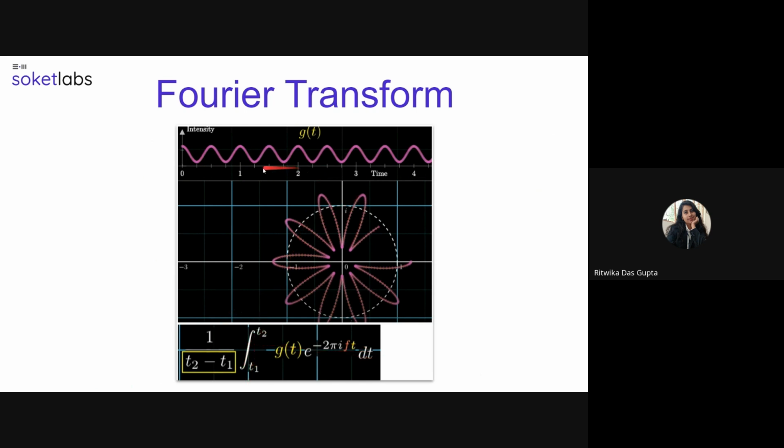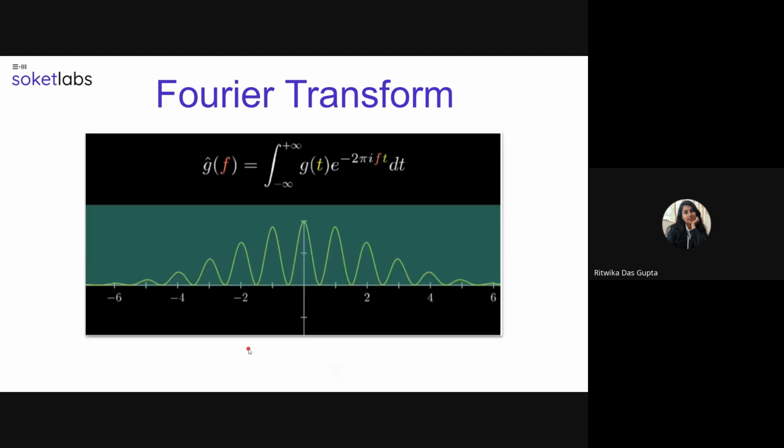Because within this particular time period we are using this waveform, and there are an infinite number of points in there, so we have to integrate that. Similarly, if we do the same thing for the entire audio waveform, we integrate from minus infinity to plus infinity. So this is the Fourier transform formula.